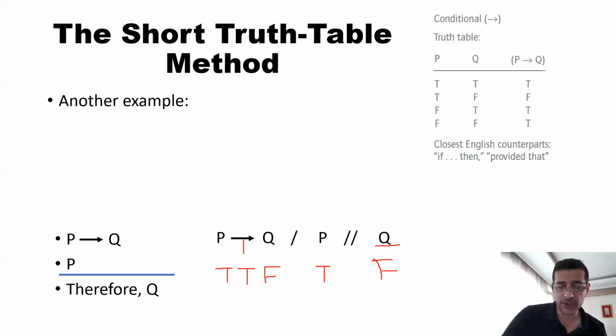And now a question, is this possible? I mean, can I have a true antecedent and a false consequent in a condition? Yes, I can. But then the value of this condition won't be true. Is that right? It has to be false. So this is not possible.